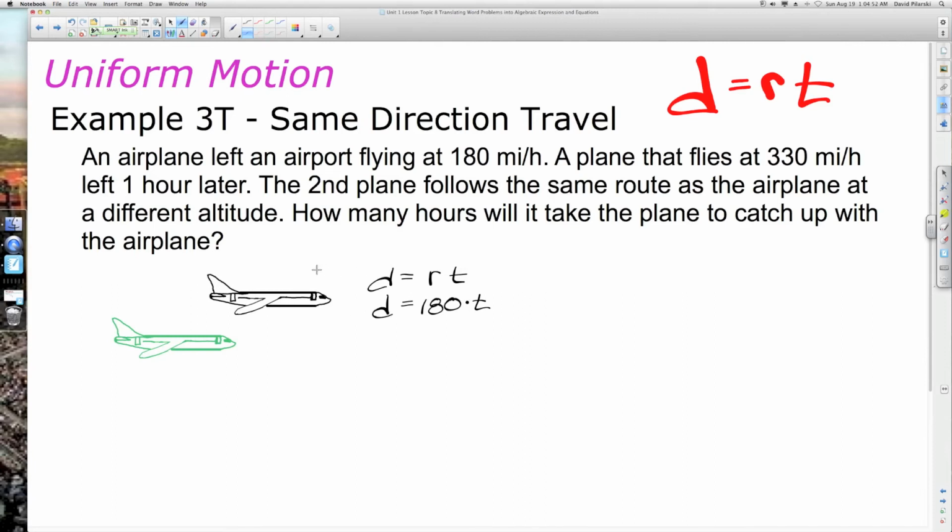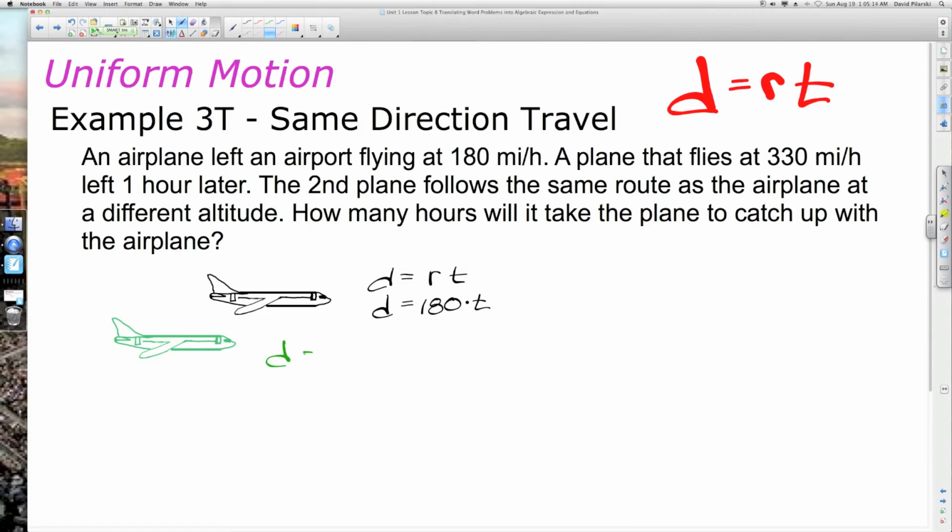So the distance of the black plane is represented by 180 times t. The green plane, on the other hand, is going to travel the same distance because we want to find how many hours it will take the plane to catch up with the airplane. So we want to find the time of this green plane.